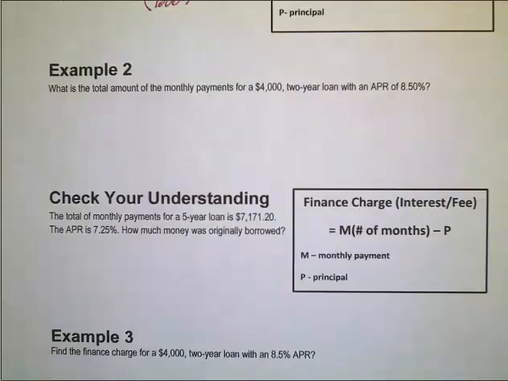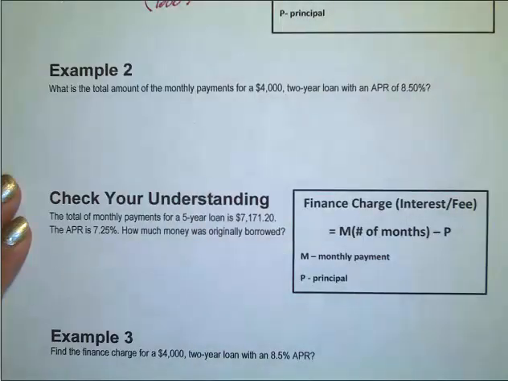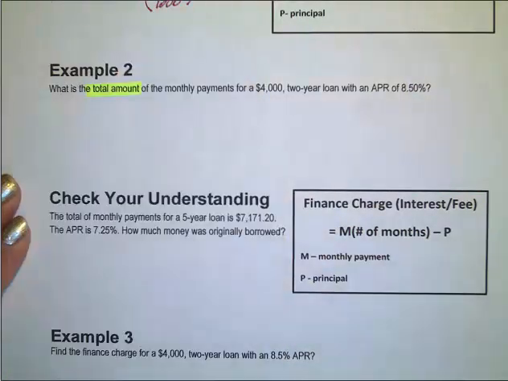So what is the total amount of the monthly payments for a $4,000 2-year loan with an APR of 8.5%? So you're thinking, didn't we just do this? Well, this question says total amount, not just what the monthly payment is, what the total amount of monthly payments are.